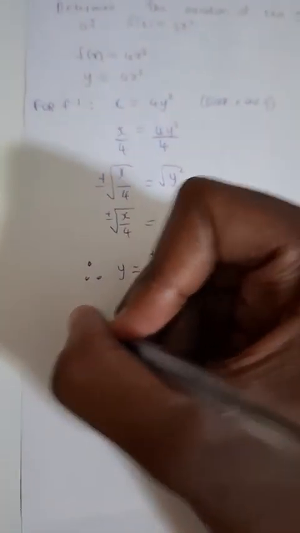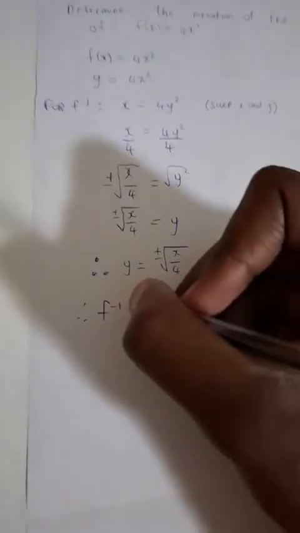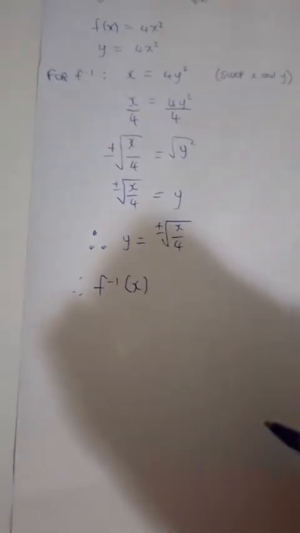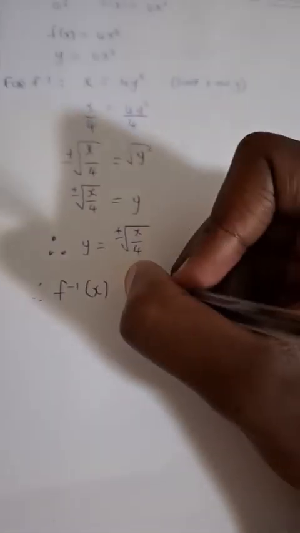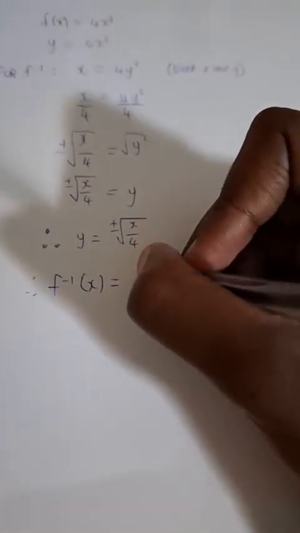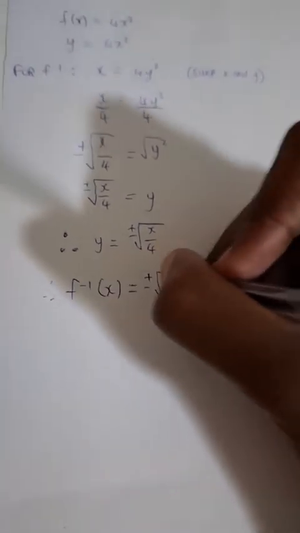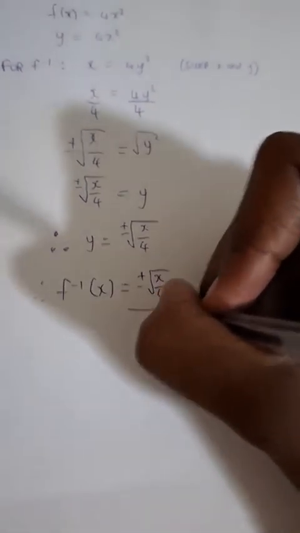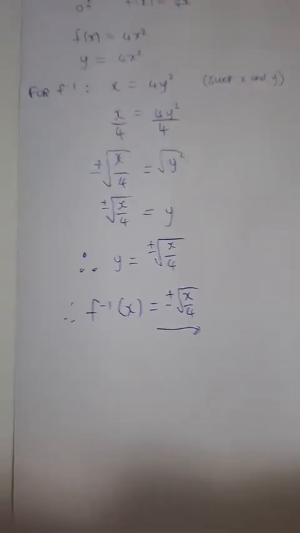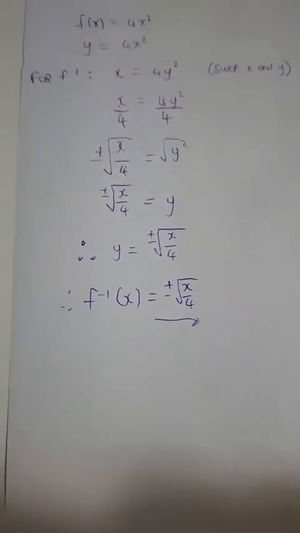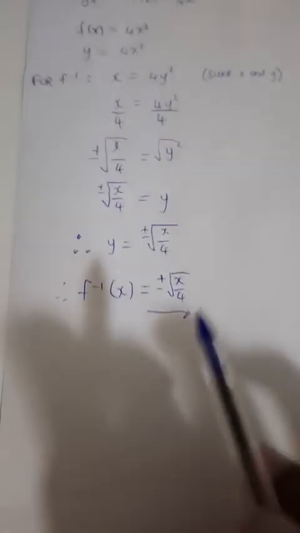Okay, and then obviously because we want to formally write this in functional notation, because that is the formalized way, f inverse, the inverse of the function, is actually plus minus the square root of x over 4. Okay, so that is just us being able to represent this.